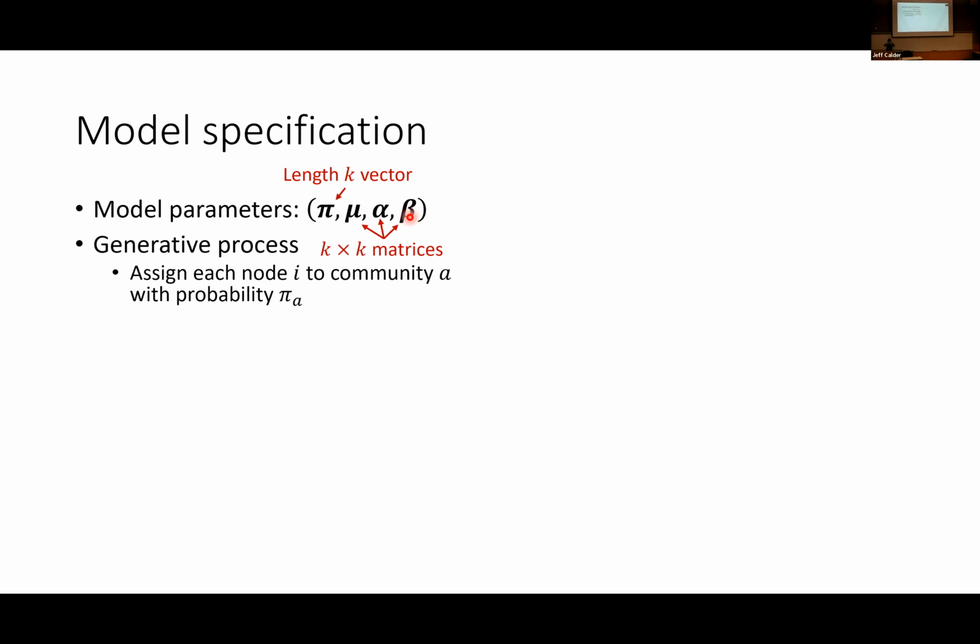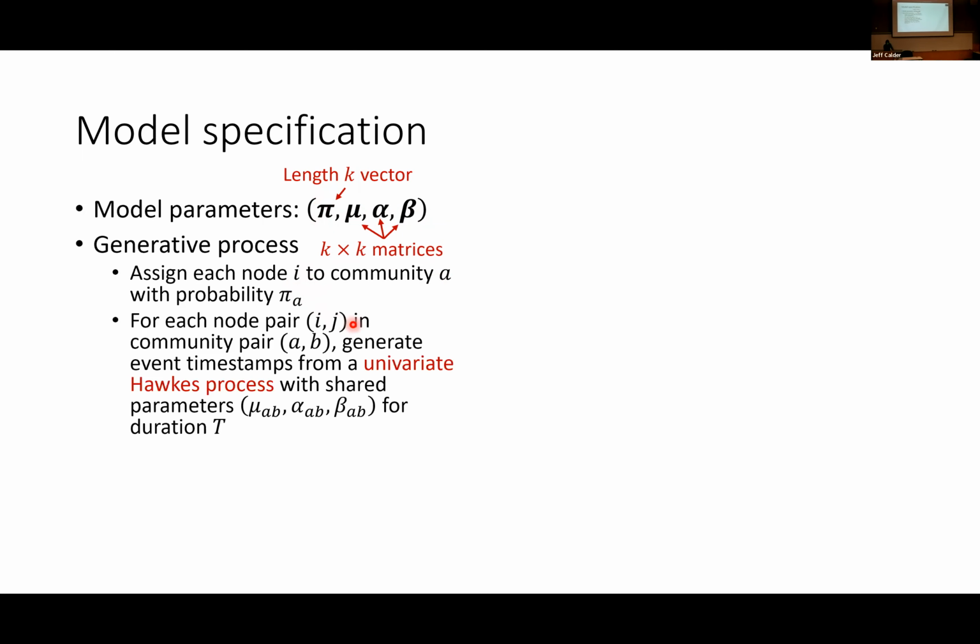In this model, we assign each node to a community A with some probability pi A. That's what this vector is for. That's a prior probability that a node is in a community. For each node pair in that community or block pair AB, we generate the event times from a univariate Hawkes process that has these shared parameters for duration t, whatever the length of our data trace.